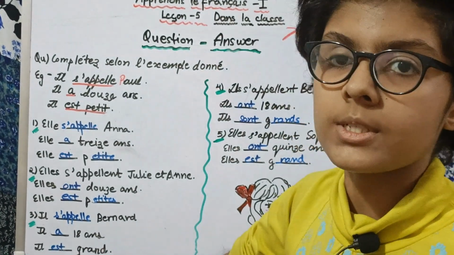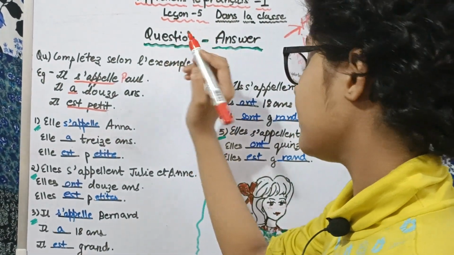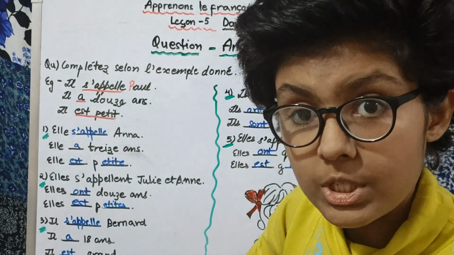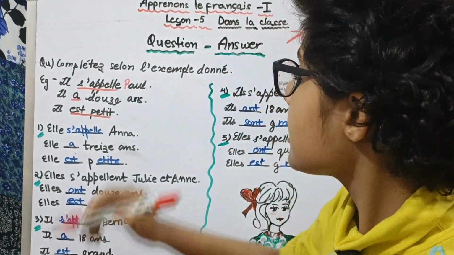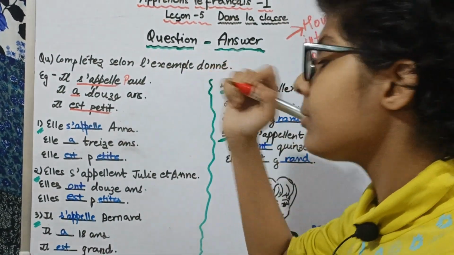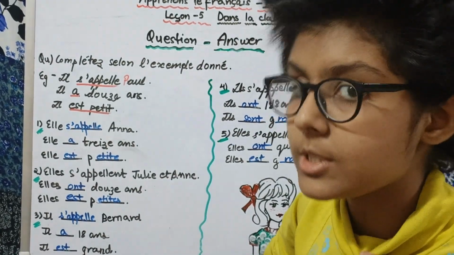So we have learned the same topic in the lesson number 5, which is dans la classe. But what is new in this question? It is how to introduce oneself or someone else in short sentences.